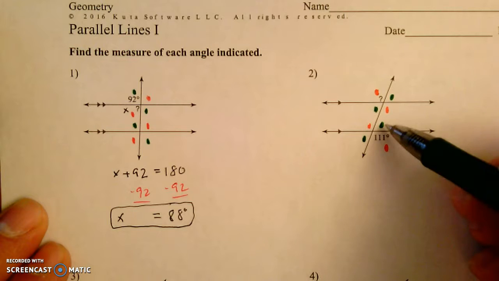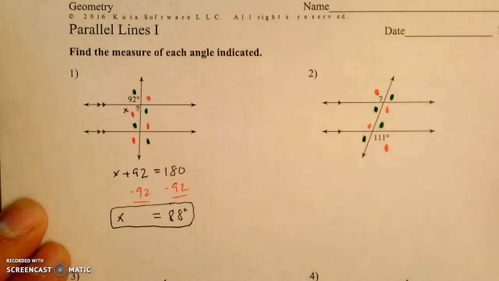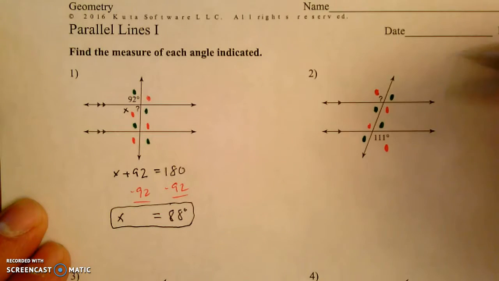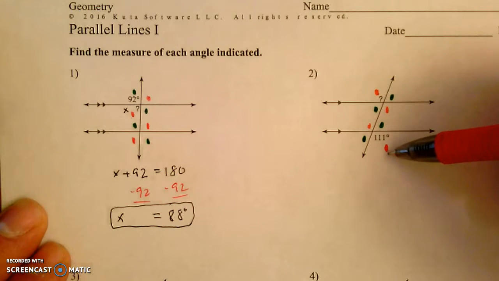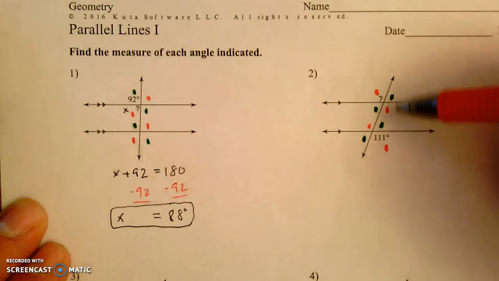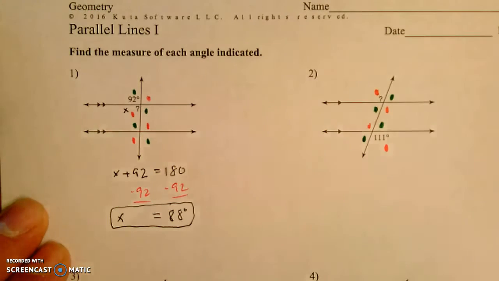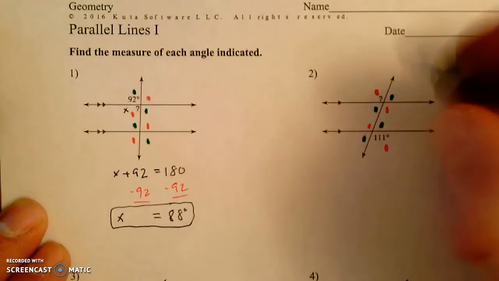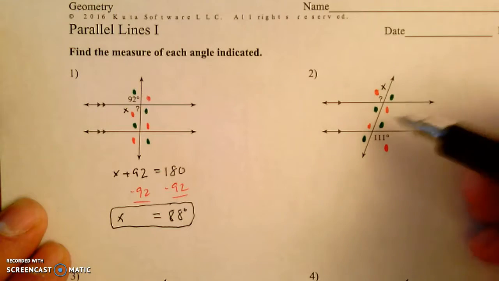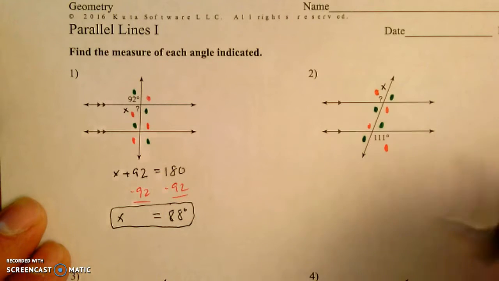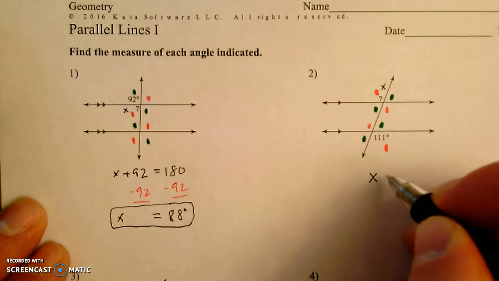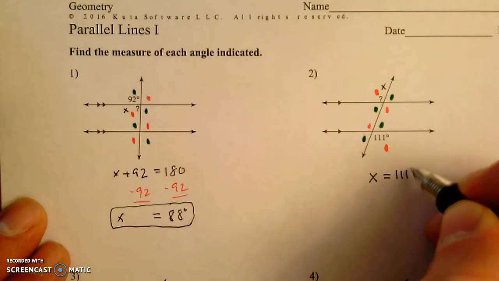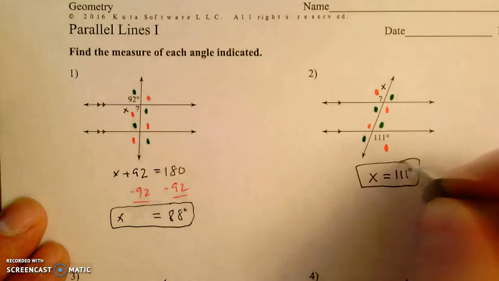And an angle that's marked green will be supplementary with an angle that's marked red. In this case, both our 111-degree angle and our unknown angle, which, again, we'll just go ahead and call x, are both red, so they're both congruent. So in this case, x just equals 111 degrees.